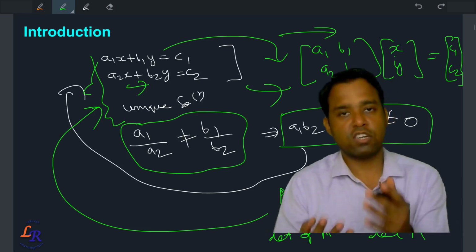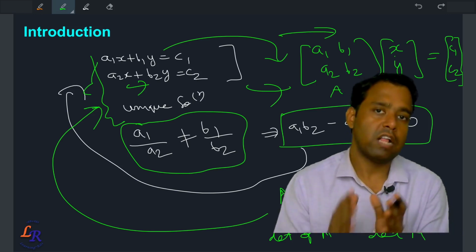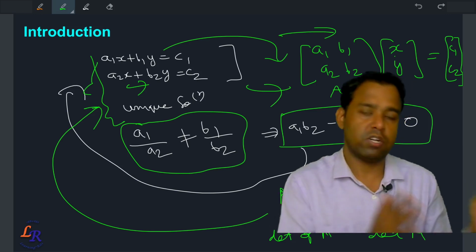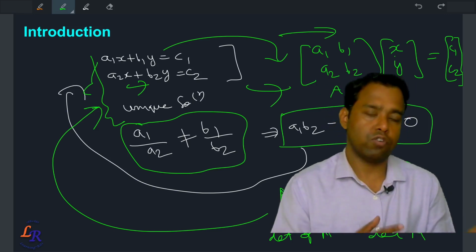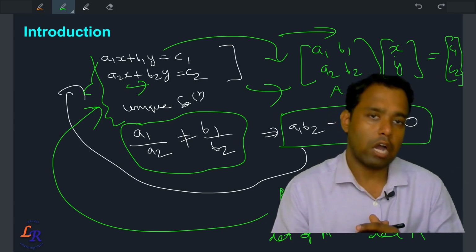So this way you can see how a linear equation can be represented in matrix form, and how the determinant of that matrix decides whether it will have a unique solution. Then we'll see how to find it.